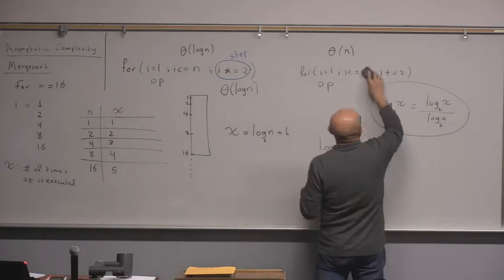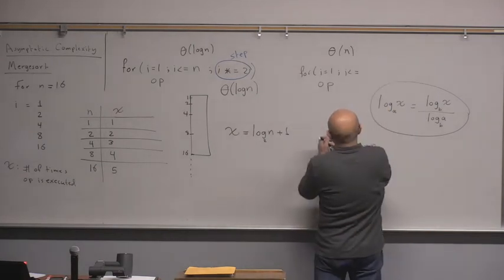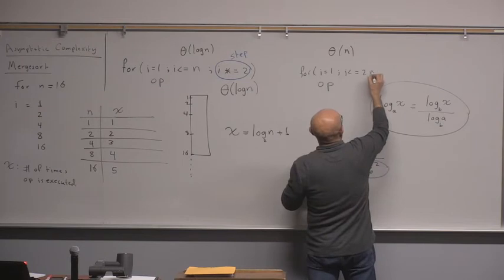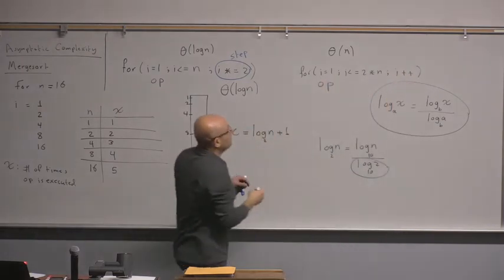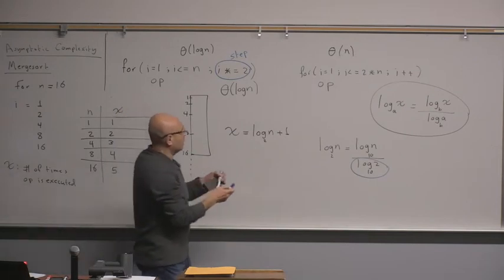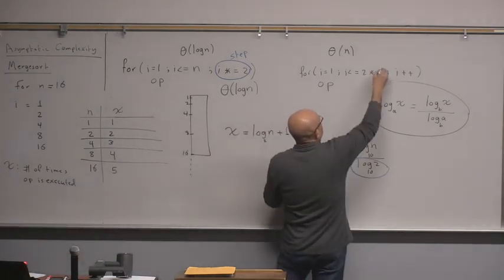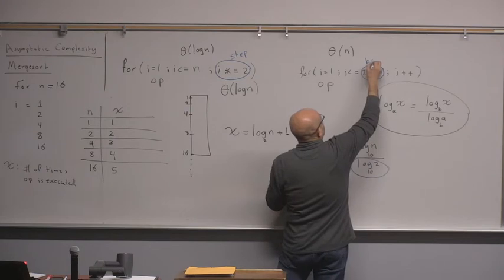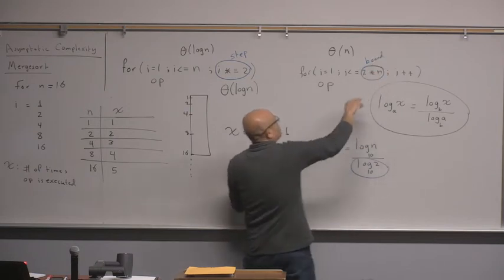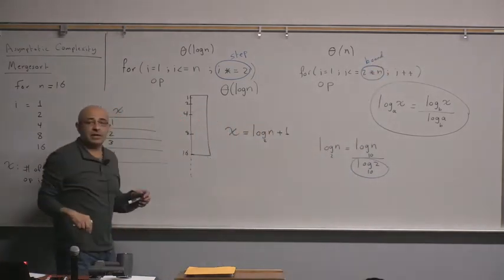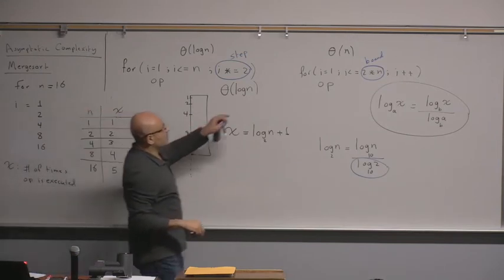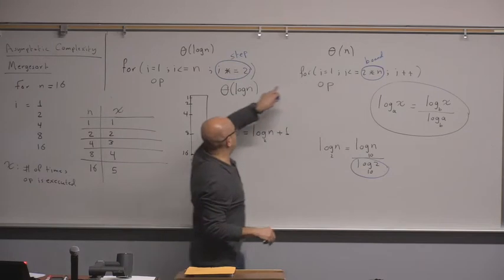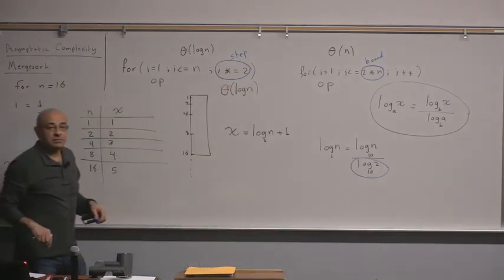While if you have, for example, something like 2 times n here, this will still be theta of n, right? This is not the step. This is the bound. So multiplying the bound by 2 will only multiply the number of operations by a constant. So the multiplication here is different from the multiplication here.